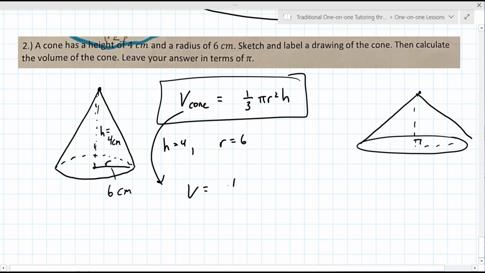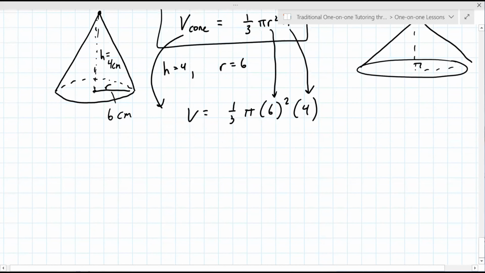The volume is 1/3 pi. R is 6 squared times h, which is 4. So I just substituted those numbers in for r and h. So now we're going to square. So that's 36, and then 4.